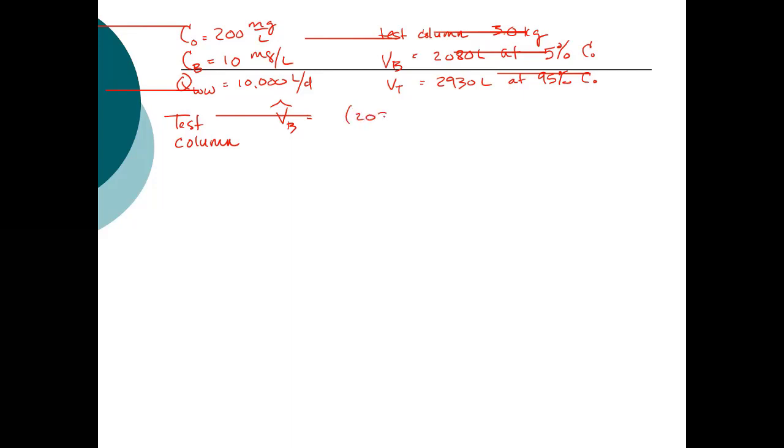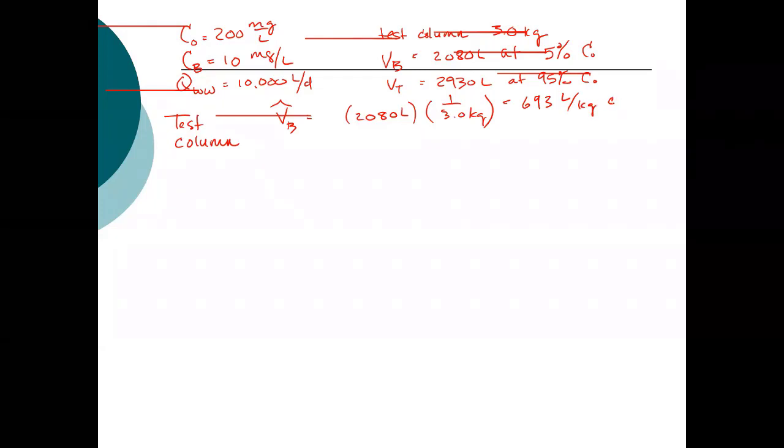So we have 2,080 liters, and we have 3 kilograms of carbon, and that is 693 liters of water that we can treat per kilogram of GAC.